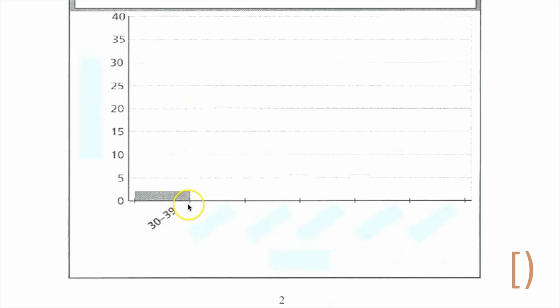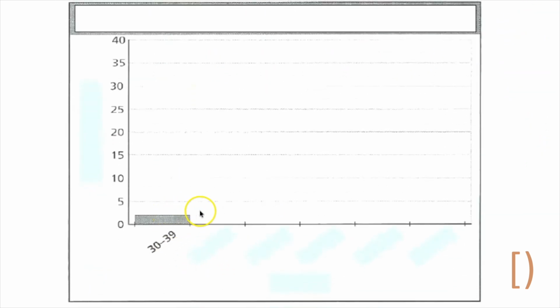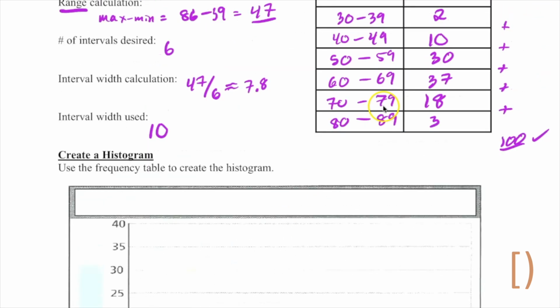So right, we have 30 to 39, and that had 2, so they filled it out. So next we're gonna go 40 to 49, 50 to 59, 60 to 69, 70 to 79, then 80 to 89. Now remember, 40 to 49, that was 10.